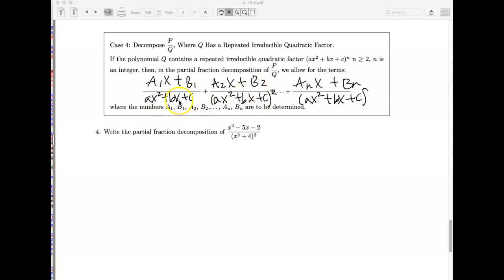So just keep in mind that when your denominator is quadratic, the numerator is linear, and when it's this repeated form, you're going to have as many factors as you have as an exponent.